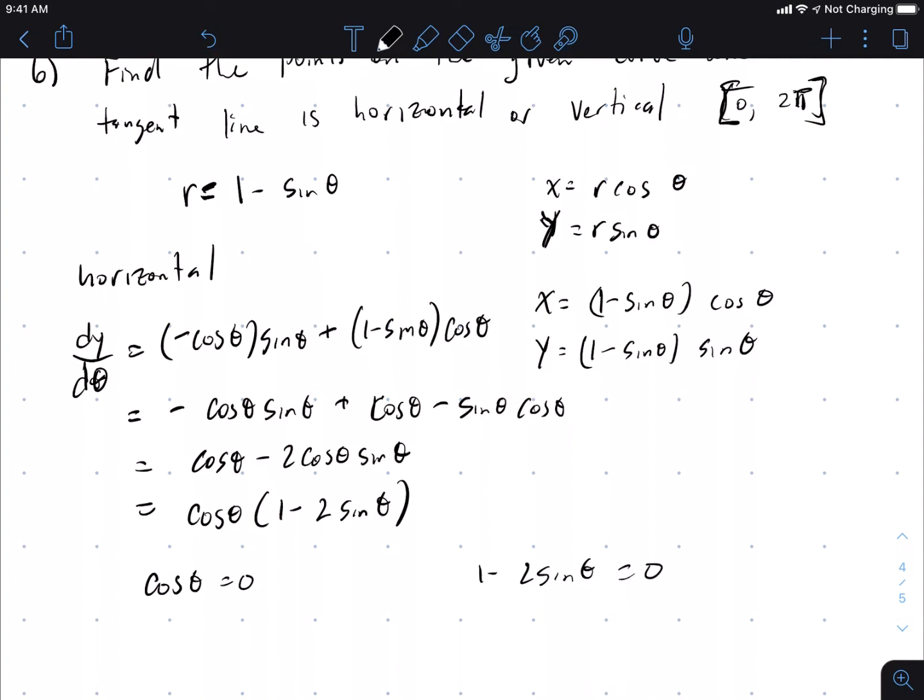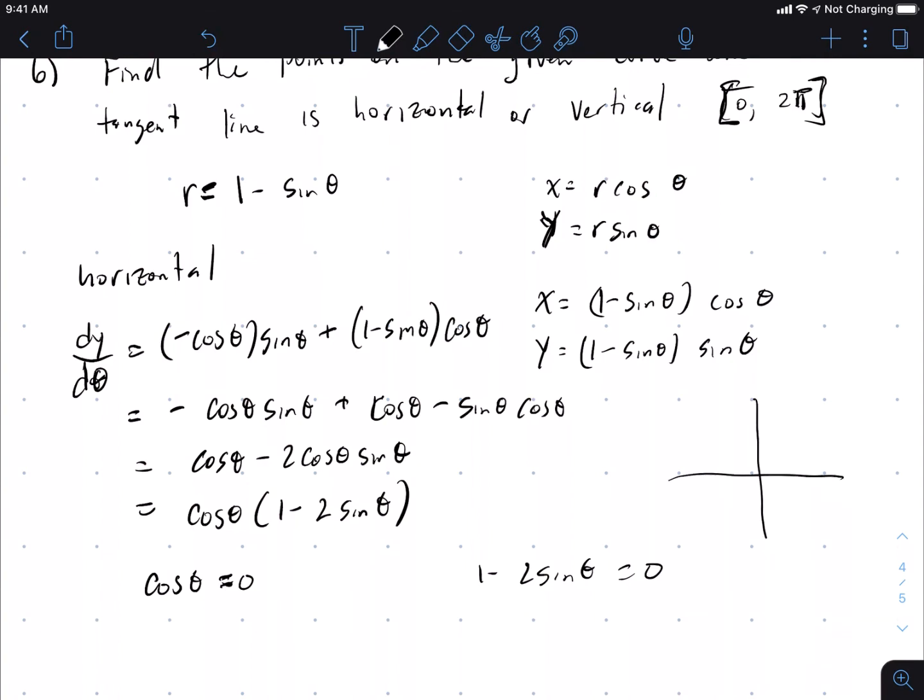So when is cosine equal to 0 in the pi world? At pi over 2 and 3 pi over 2. Cosine? Yeah. At pi over 2 and 3 pi over 2, correct? Okay, so let's look at a circle real quick.